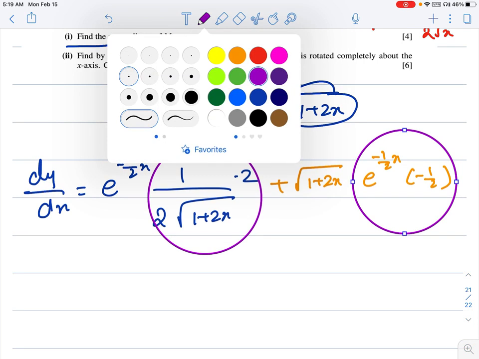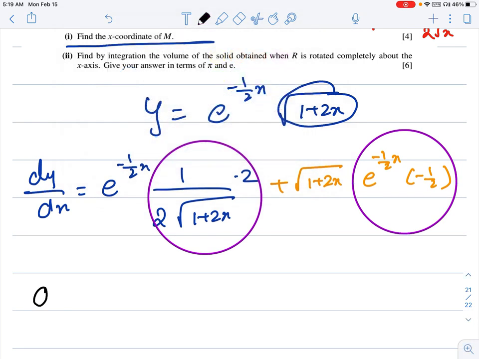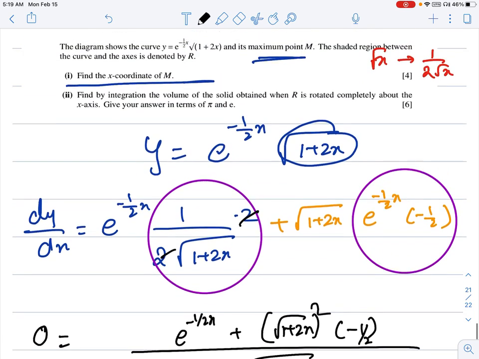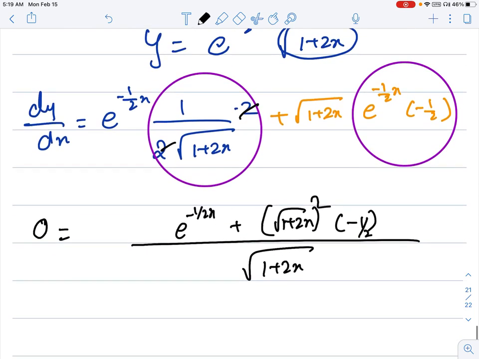Now this should be equal to 0. So 2 cancels. I take the common denominator square root of 1 plus 2x. It becomes e to the power of minus half x plus square root of 1 plus 2x whole square, minus 1 by 2. Let me write it out neatly over here.